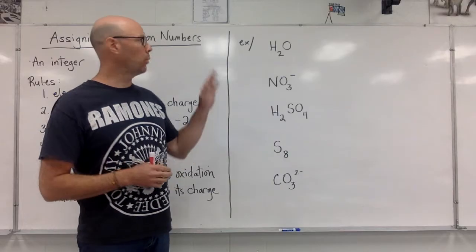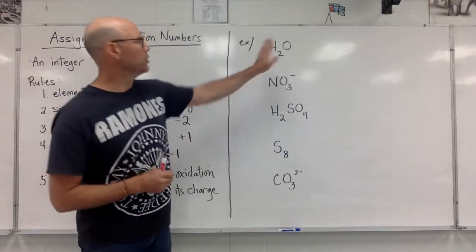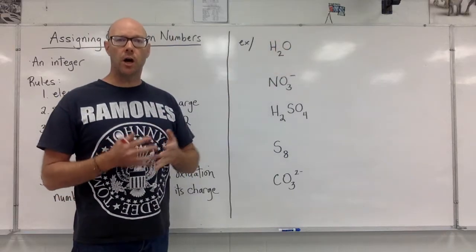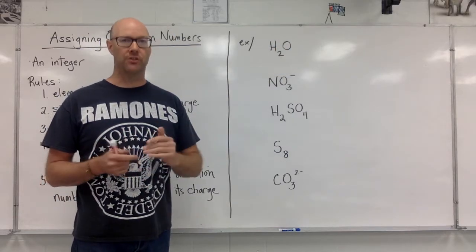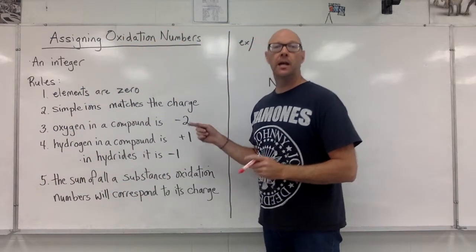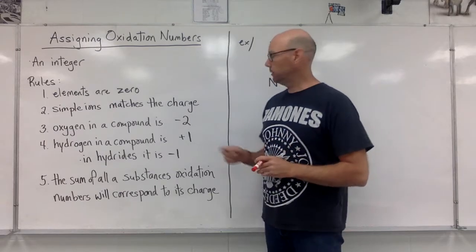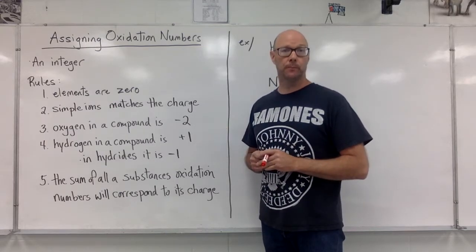Okay. Starting with water. We have 2 hydrogens and an oxygen. There's no charge on the water. These oxidation numbers are going to add up to 0. Look at what we have. Oxygen in a compound, doesn't matter if it's an ionic compound or a molecular compound, oxygen's -2.